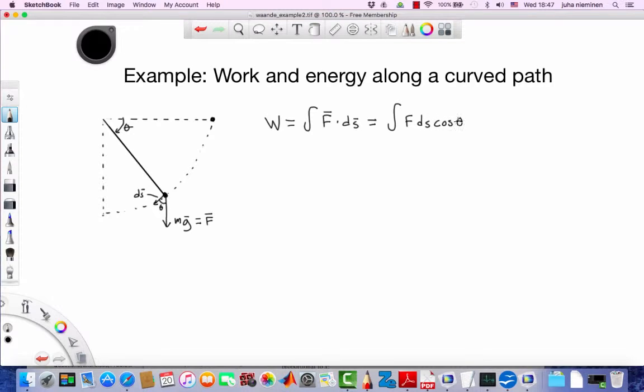But then we have a function that depends on cosine, so we have to do something to fix the situation in such a way that we have only one variable involved. And let's look at this displacement ds in detail. So here we have the radius r, same as here. And if the magnitude of this displacement is small, it's almost like a straight line.